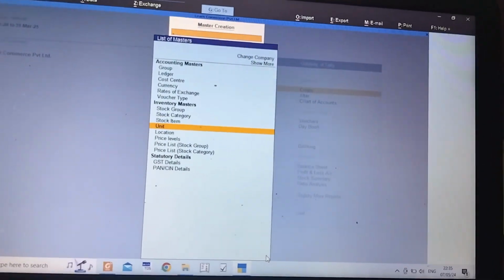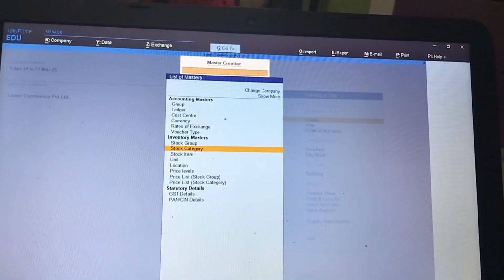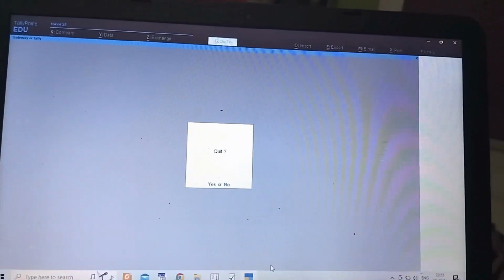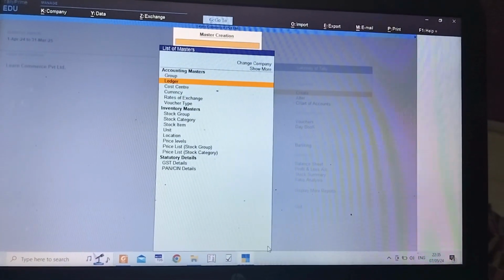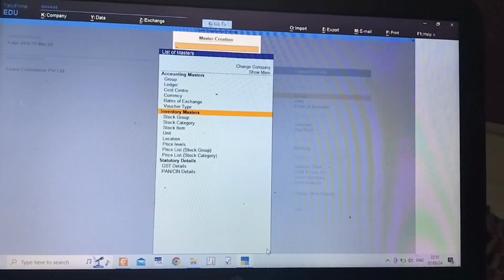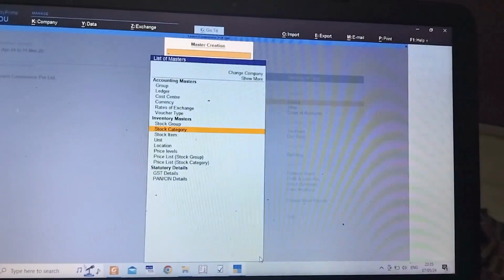Now let's create some stock categories. I hope you are getting this option. Go to create, then under inventory masters, here stock category.